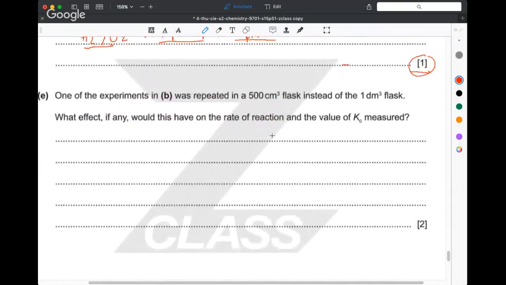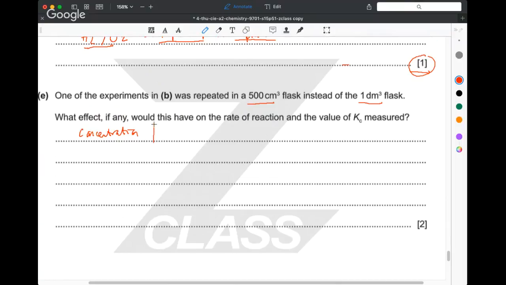Okay, carrying on down here, the student is going to repeat the whole experiment, not in a flask of 1 decimeter cubed, but a flask of 500 centimeters cubed. So what's happening is if you put the same amount, not in 1 decimeter cubed, but 500 centimeters cubed, then what's happened to the concentration?